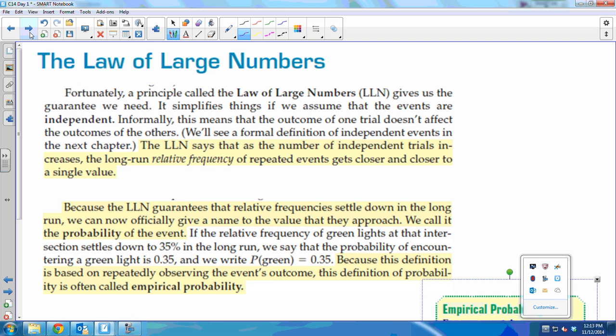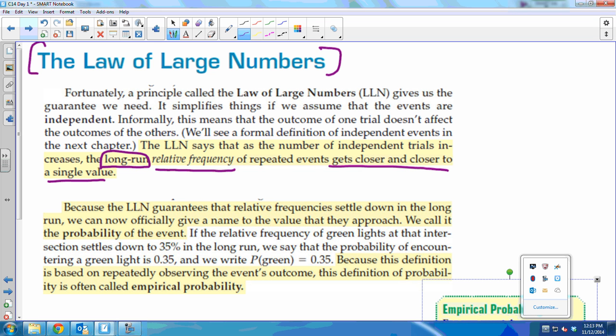All right? Independent events. But we have this thing called the law of large numbers. And it says that as the number of independent trials increases, the long-run relative frequency gets closer and closer to a single value. So that graph we saw earlier, that's just showing the law of large numbers. The long-run relative frequency gets closer and closer to a single value.